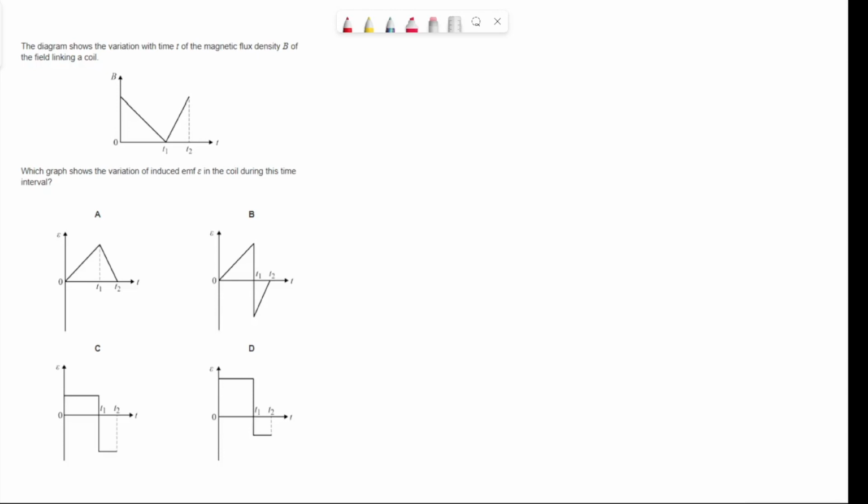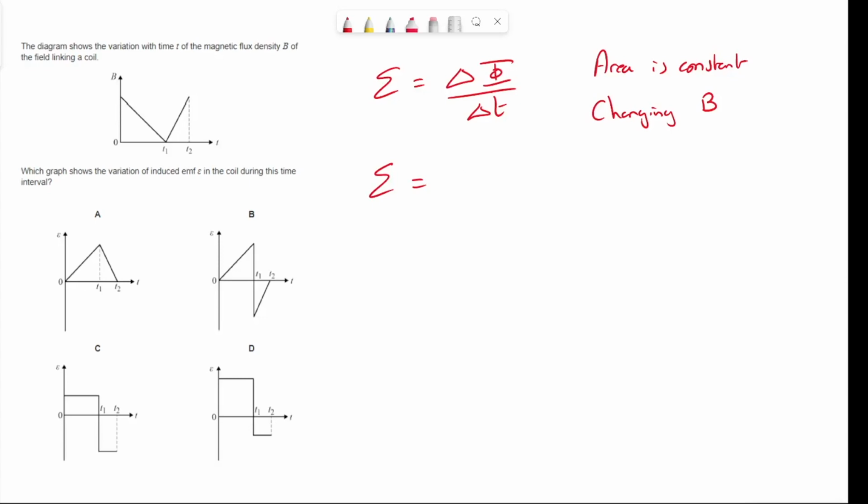So if we look at the equation for the EMF, E is delta phi over delta t, and in this case our area is constant, but we have a changing magnetic flux density. So the EMF will be delta B times A over delta T.